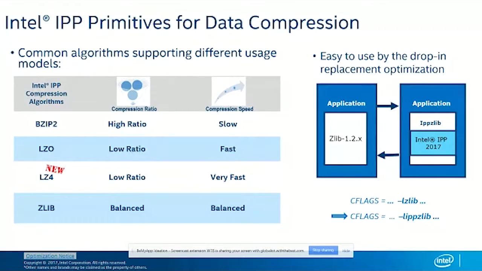What you need to do is just relink your application from the open source zlib library to the IPP zlib library. You don't need to change any APIs. You just relink your application to the IPP zlib, and you can get a very good performance improvement. So that is also another advantage.